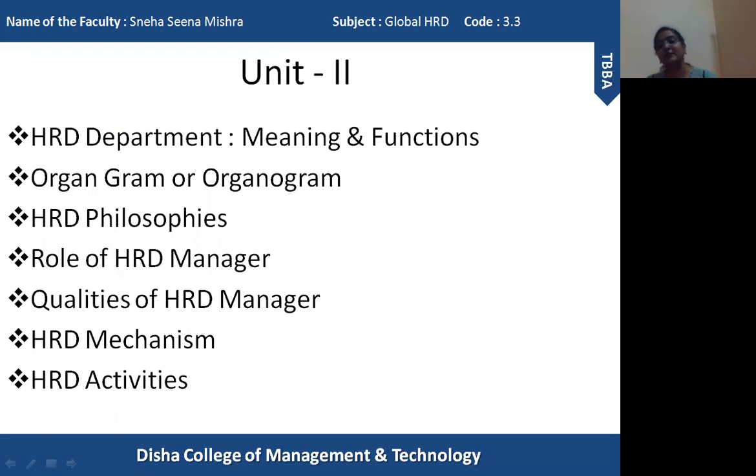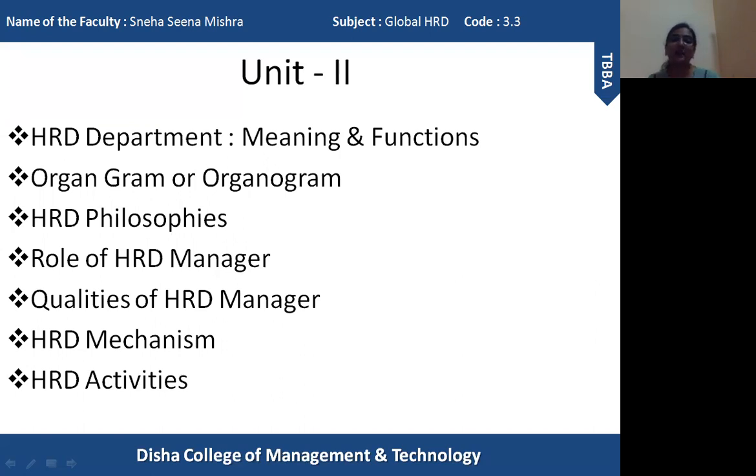a representation of organizational structure in a diagrammatical or graphical manner, so that each and every employee can understand the structure of the organization, their place in the organization, the importance of their job in the organization, and they can also understand what role they are supposed to play within the organization.